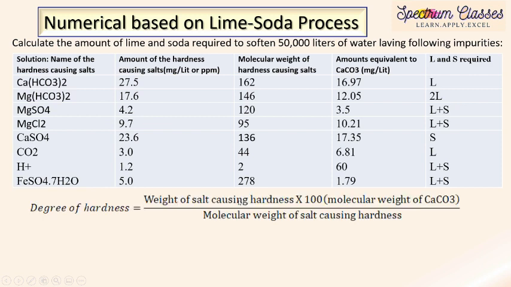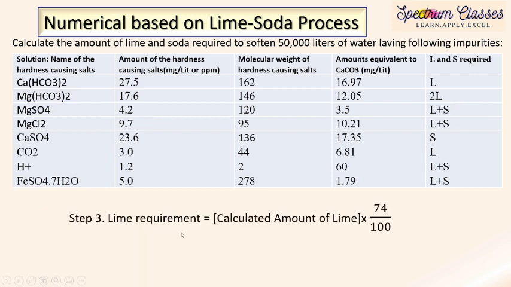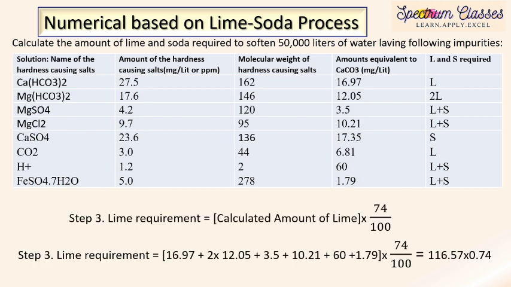Here the calculations are in the same way again. For the lime requirement, calculate the amount of lime into 74 divided by 100. So I'll just do this, and from this we can simply calculate. This is the requirement of lime, so corresponding to this 16.97. Here 2L, so 2 into 12.05.